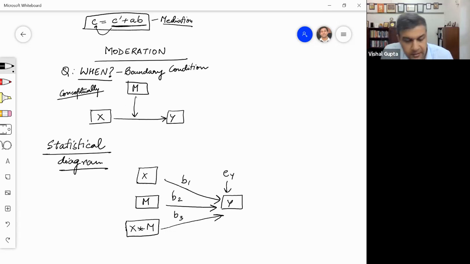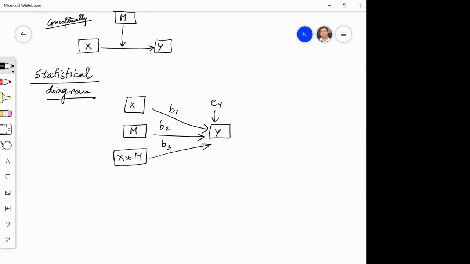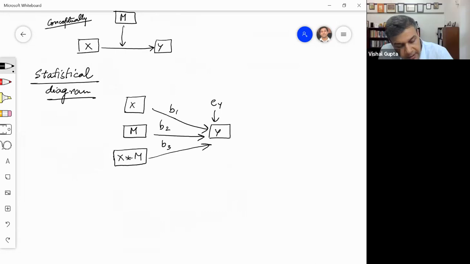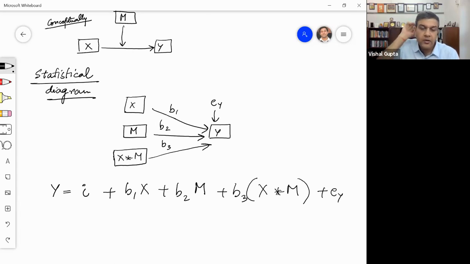This is the error associated with it. Okay, so what is the equation? How will I write the regression equation? I will write it as Y is equal to some constant I plus B1 times X, B2 times the moderator of my model, and then B3 times X into M plus the residual of the regression, E of Y.